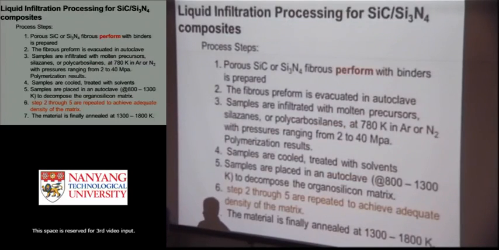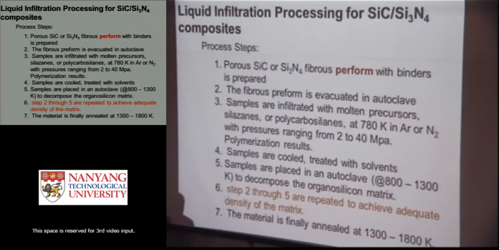So typically, I can give one example. For example, we want to make silicon carbide or silicon nitride. How to make it? First, of course, we need to make the preform. For this preform, we can use positive pressure or negative pressure. We make the preform first. This preform, we can use silicon carbide particles or fibers, or silicon nitride fibers.